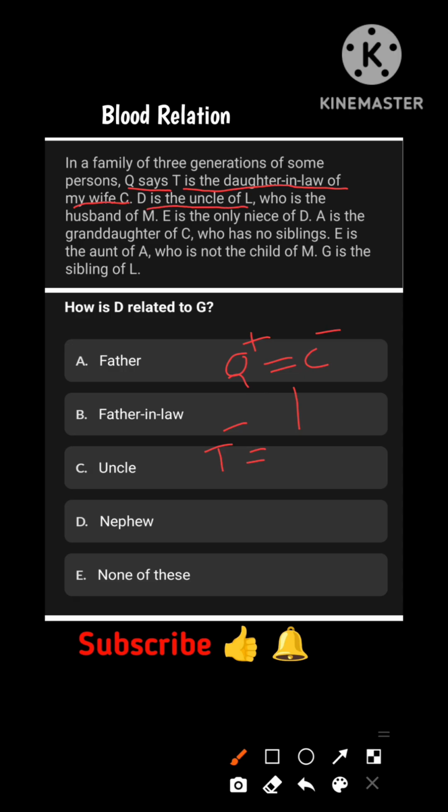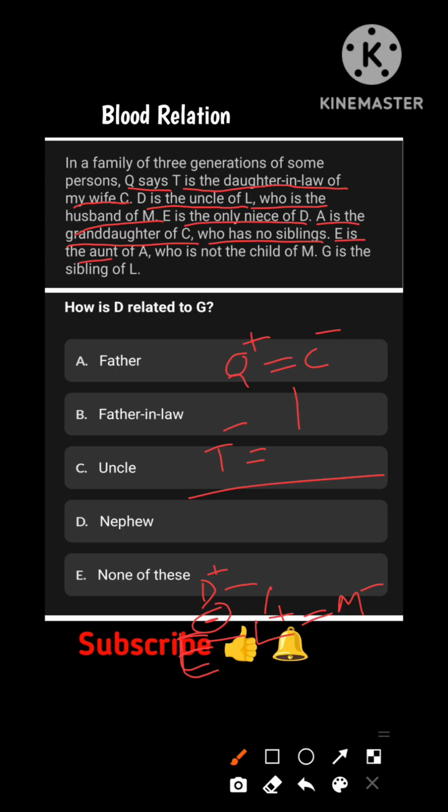D is the uncle of L. L is the husband of M. E is the only niece of D. A is the granddaughter of C, who has no siblings.